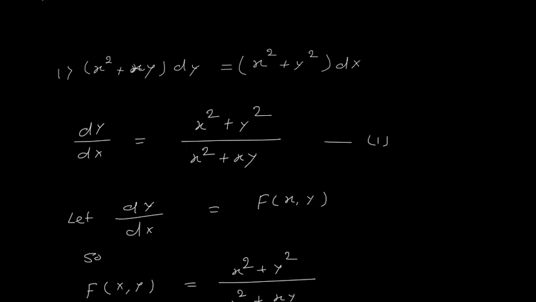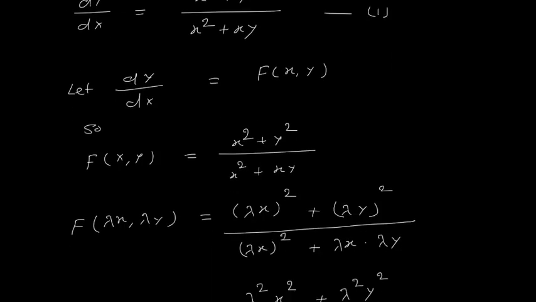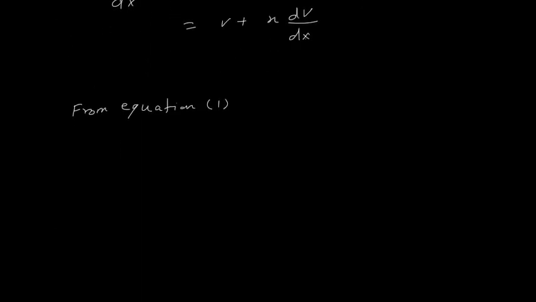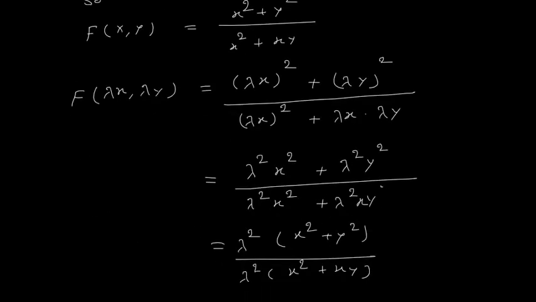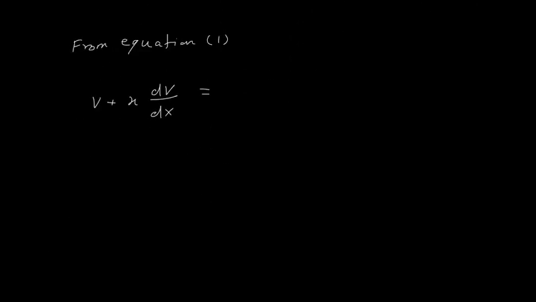Now from equation 1, in place of dy upon dx we write v plus x into dv upon dx is equals to x square plus y square upon x square plus xy. Here y square will become vx the whole square, upon x square plus xy, where x will remain x and y will become vx.